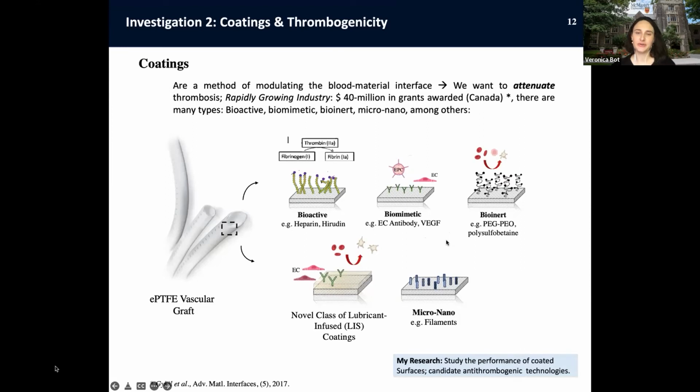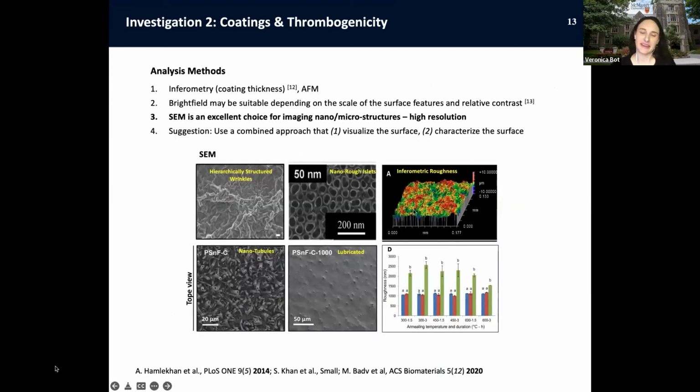As a side note, if you are developing a novel coating, which again is an important area of investigation and in the research lab I'm in, you may wonder, how can you study these surfaces? How can you qualitatively and quantitatively assess these surfaces?